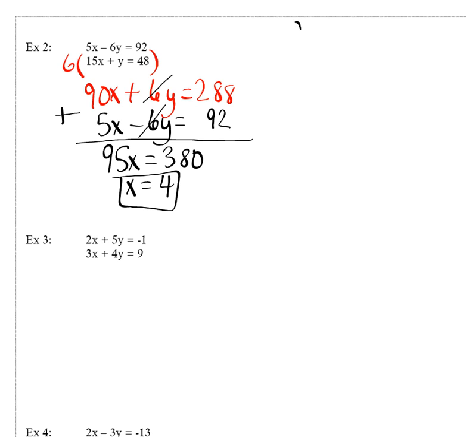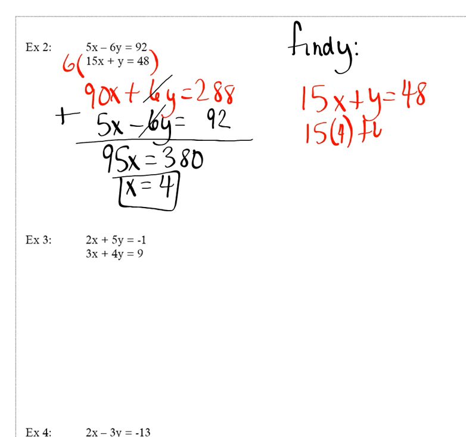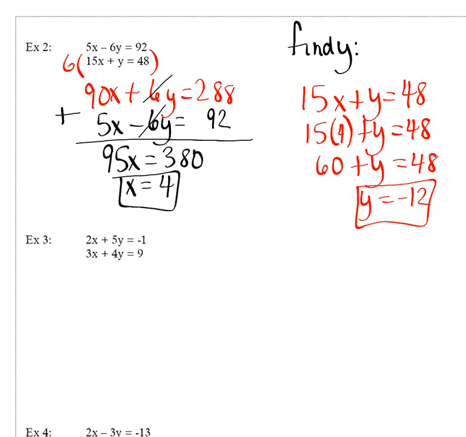We want to find y. I'm going to go back to the original equation, substitute in 15 times 4 plus y, 60, and y equals -12. So there's the second part of the solution.